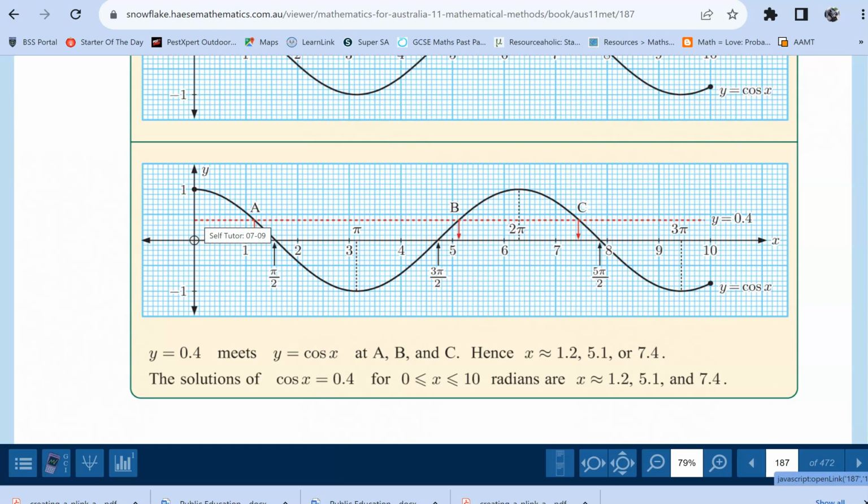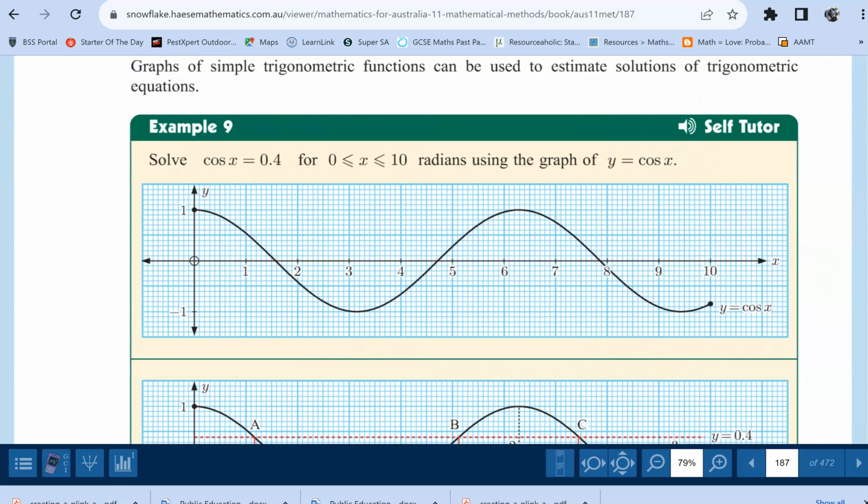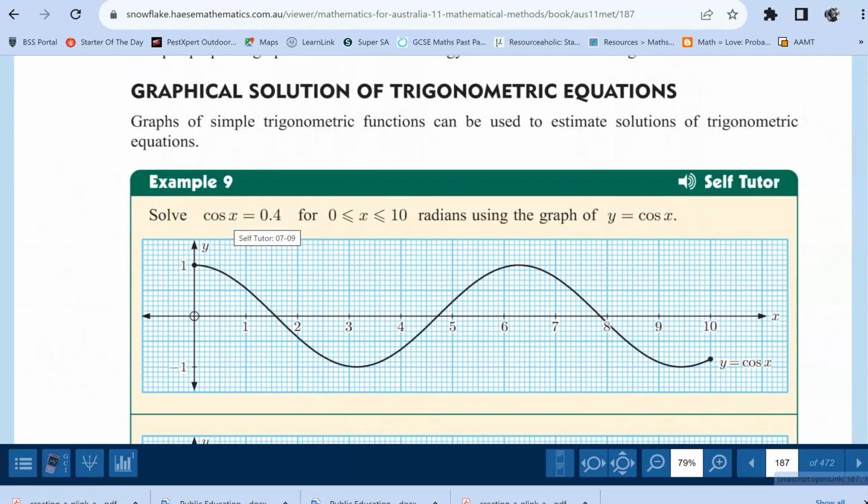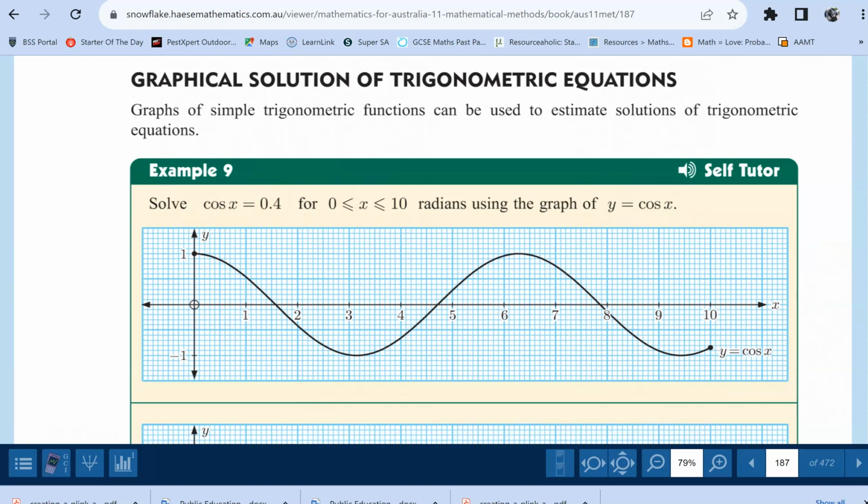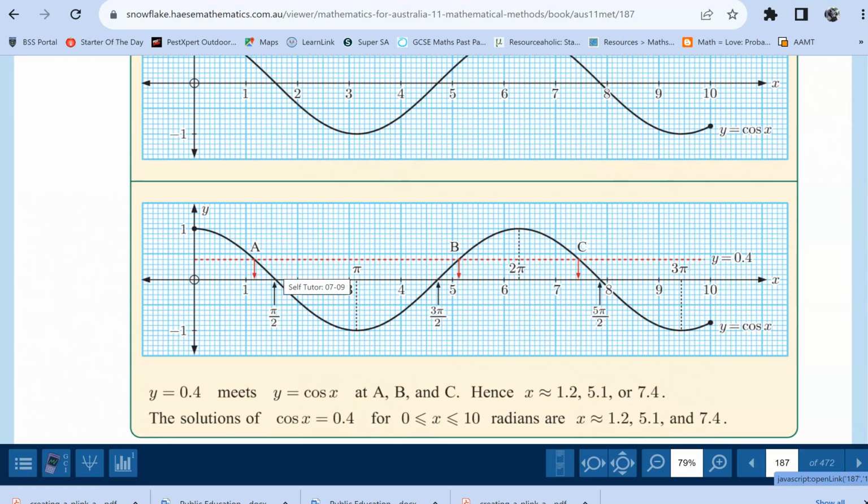Heather, are we watching? All we're doing is saying, where does this horizontal line meet the cosine graph? And we read off that answer. We read it off, and you can see we've got 1, 2, 3 solutions. Because if we just had cos x equals 0.4 back in year 9, we would have gone inverse cos 0.4, we'd get our one solution, which would be this one.